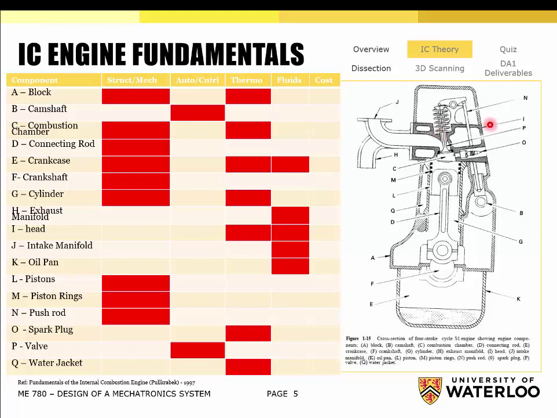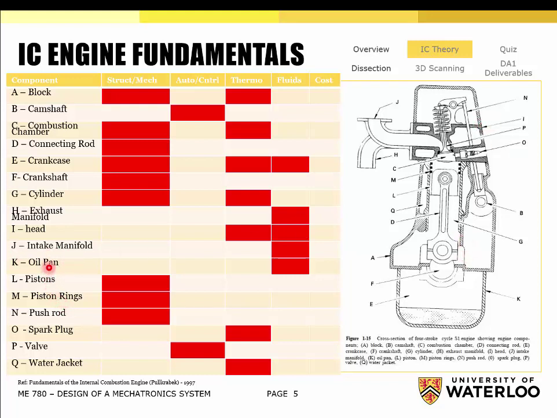So the cylinder head forms the top side surface of the combustion chamber. So that's the top of the combustion chamber, as well as all the structural stuff that it has an intricate port network that allows the induction of the intake charge to come in and then the exhaust to go out. We mentioned the intake manifold.